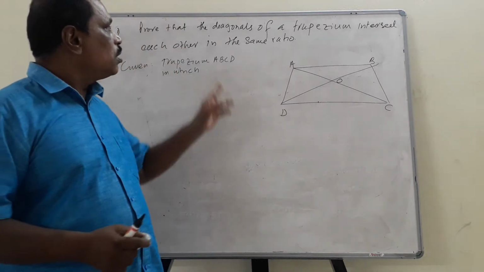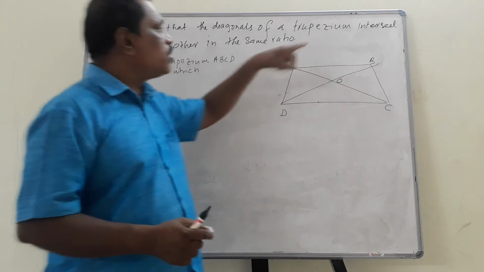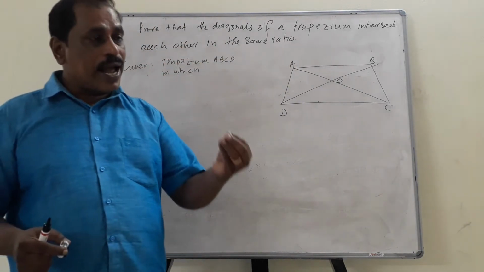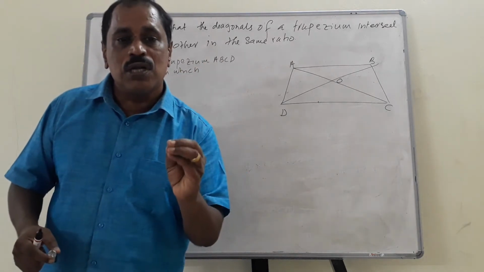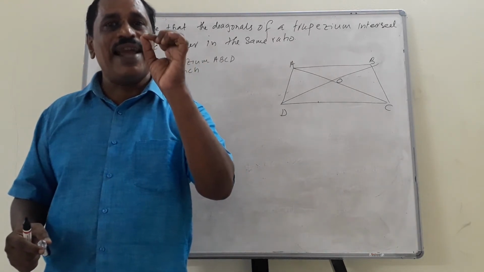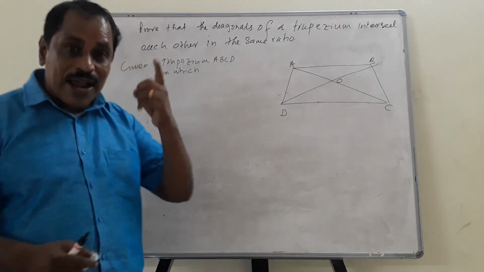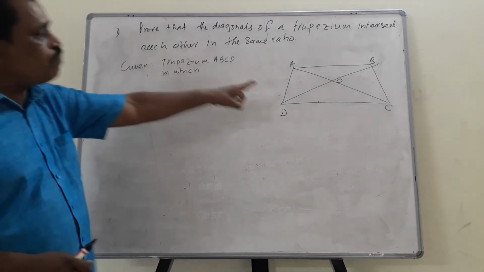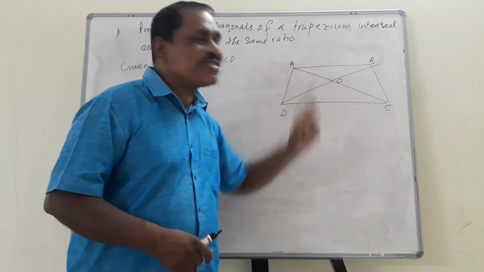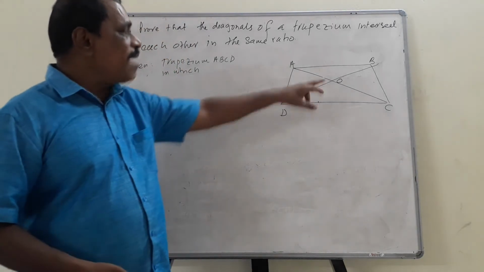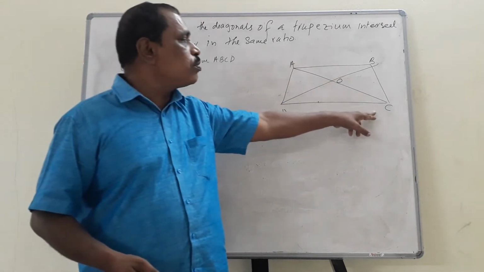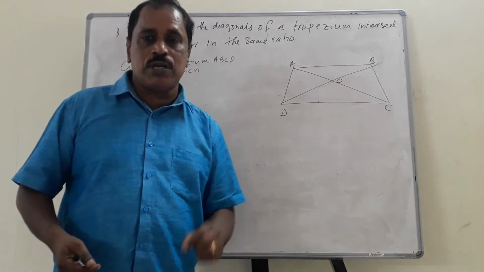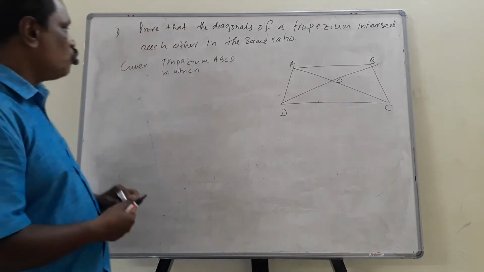Prove that the diagonals of a trapezium are divided in the same ratio. Clear? The question is very simple. We are given a trapezium and the diagonals intersect each other at O. Prove that AO by OC equals OB by OD. We have to prove this by using the basic proportionality theorem.